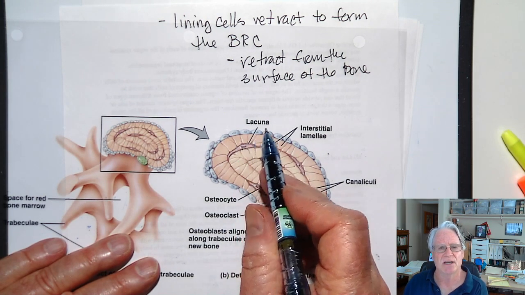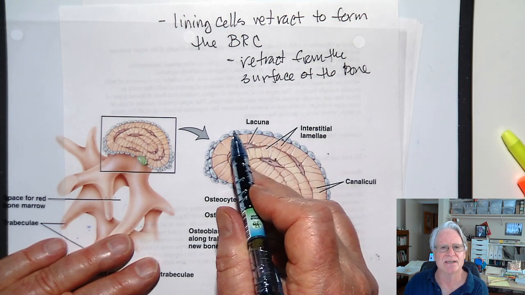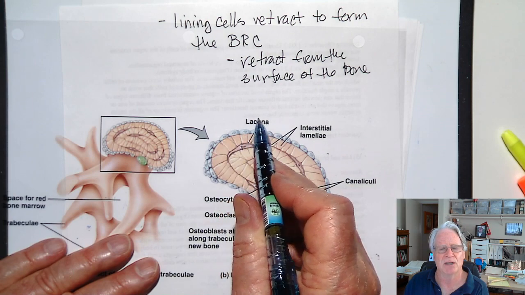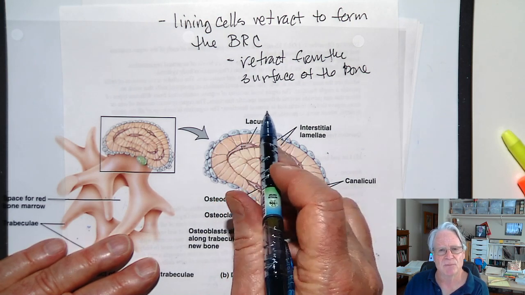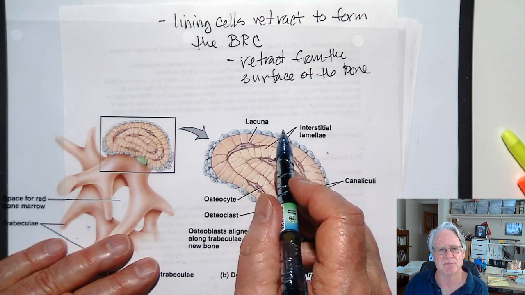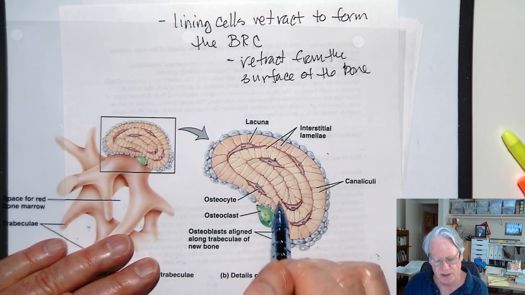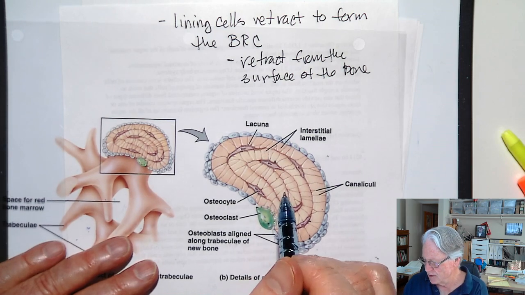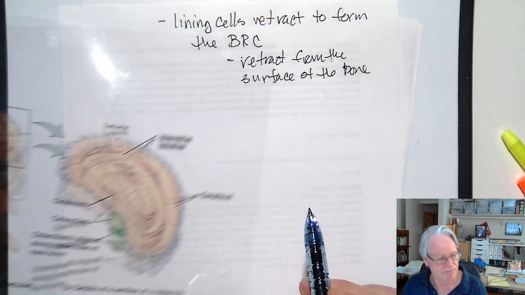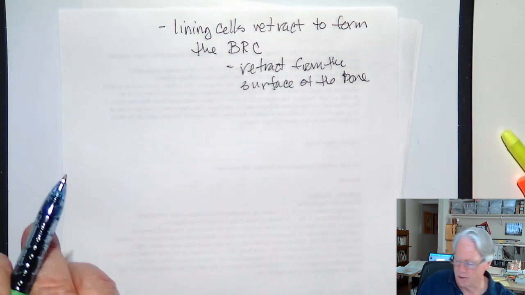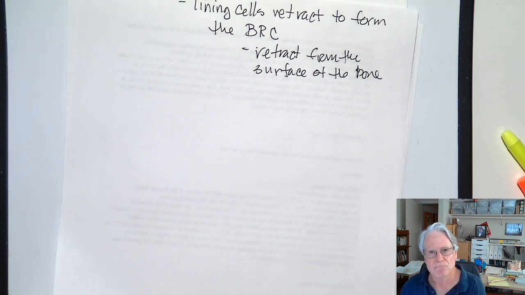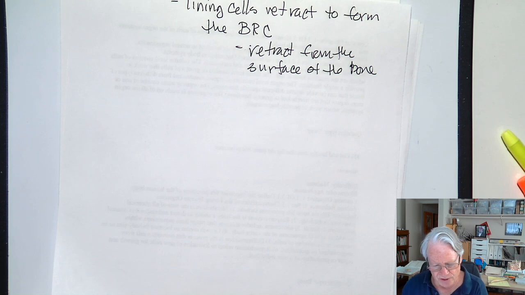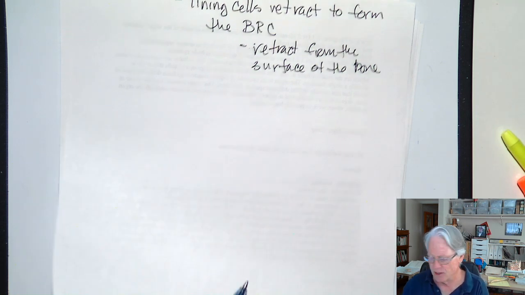They'll send out signals, and these lining cells will actually form a bubble. They will retract and form a compartment over the surface of the bone. And that's what we're going to identify. So get out your artist hat, your pencils, your easel, your paint brushes, whatever you need. And we're going to draw this and label one of these bone remodeling compartments. So let's do that.